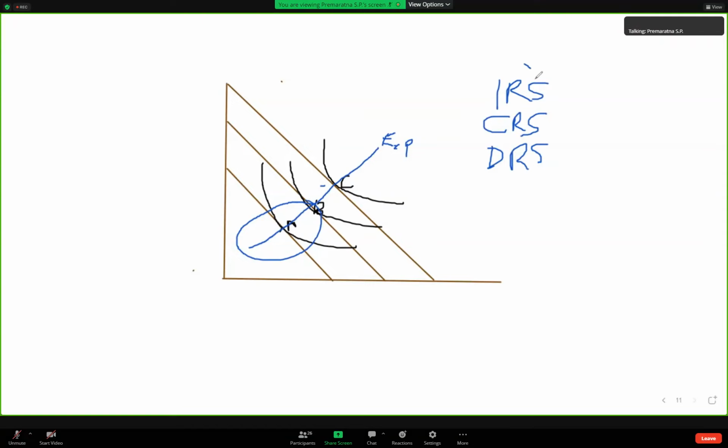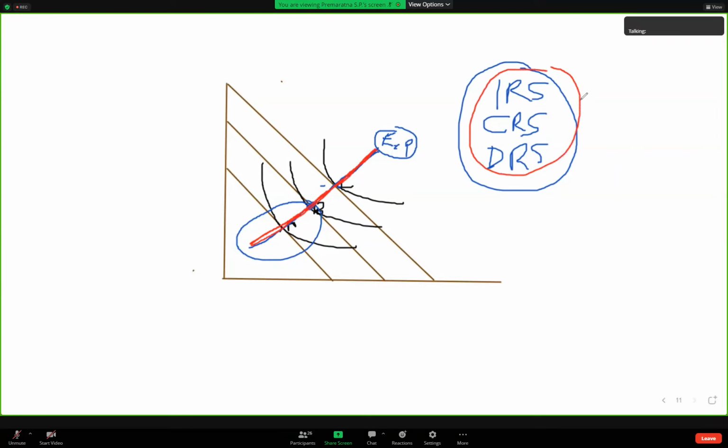Whatever the scale, constant, increasing, or decreasing, firms are economically efficient moving along this expansion path, the red line I'm drawing here. Whatever the returns to scale, producers are economically efficient.